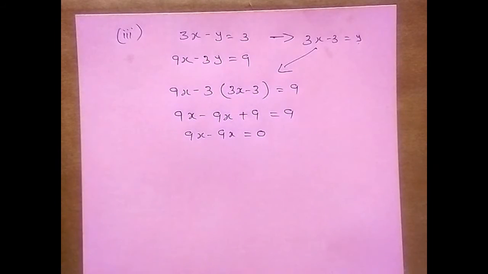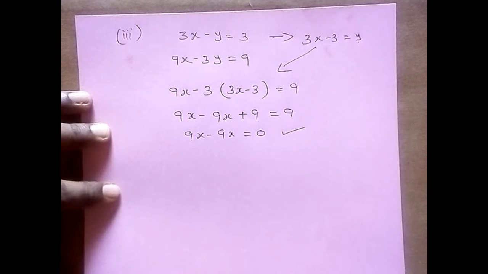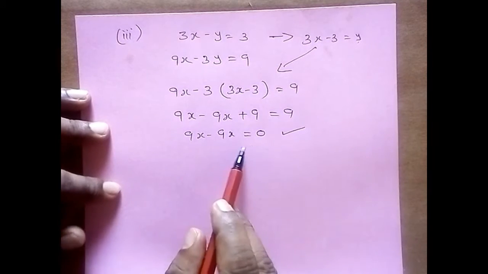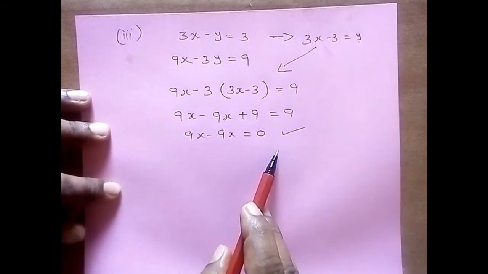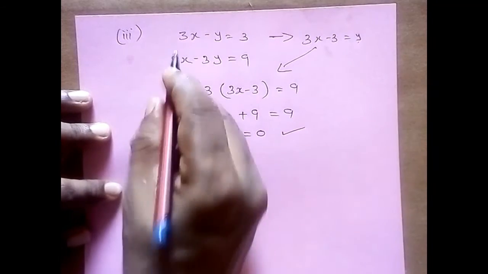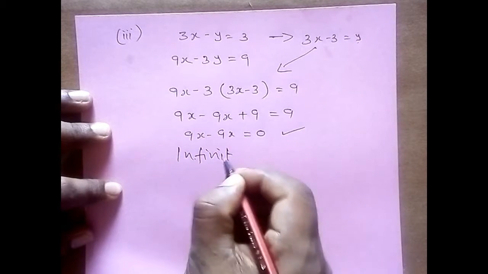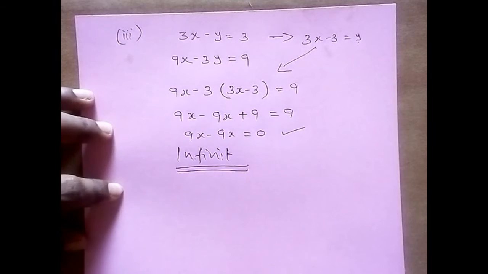If you see this equation, you can see that for any value of x, this is true. That means x can take any value. If x takes any value, then y also can take any value. That means this particular pair of equations has an infinite number of solutions.